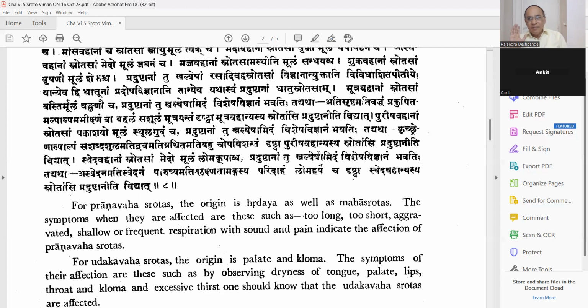Gaurava. Because there will be ama production, ama toxin, and that ama will create heaviness of the body. Please write down: heaviness of the body. You always write every symptom on the next line. Gaurava. Next symptom, Tandra. Drowsiness. Tandra is equal to drowsy, like sleepy.